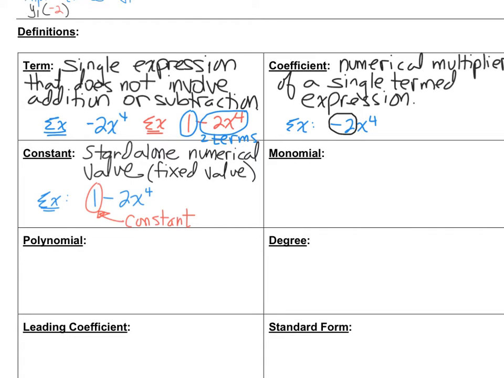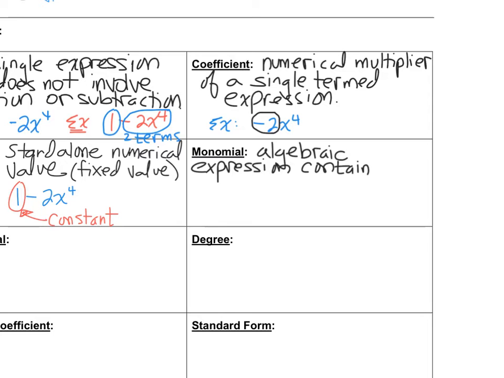All right, a monomial: an algebraic expression containing only one term.